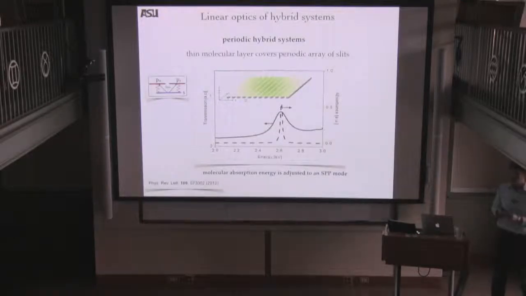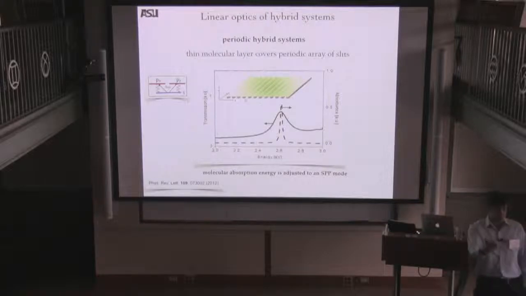Okay? So let's take a look at the periodic array of slits covered by the thin layer of quantum emitters. So first, we have a transmission as a function of the energy, and this is the solid line, and this is for a periodic slit array without any emitters at all. So we have a nice plasmon resonance.